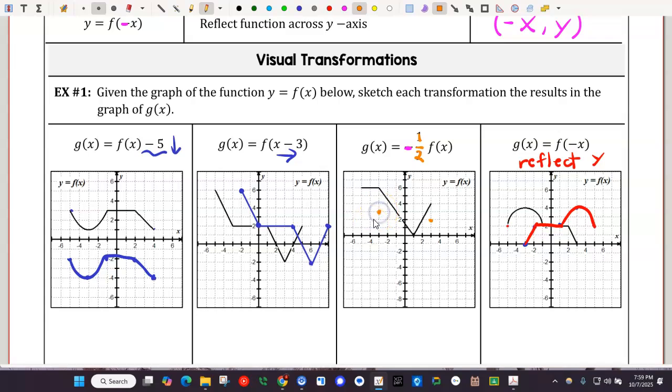Right there. So we have something that looks like this. There we go. Something that looks like that.